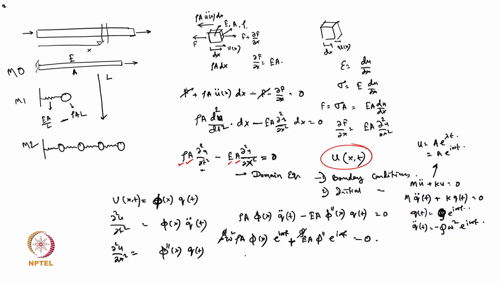And you can also show that omega square rho a plus ea. Sorry, I'm very sorry. Rho a omega square phi x plus ea phi double dash x, times e to the power of i omega t, that will be equal to 0.